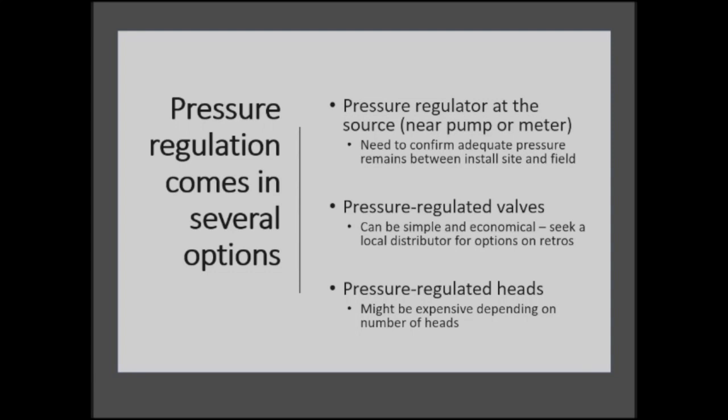So in some cases that might be a good idea, in some cases maybe not. Maybe we want to go to a regulated zone valve or even a pressure-regulated head. Those are options that are out there. You're going to have to figure out for yourself what system works best for you. But certainly we want to try to target the right pressure.